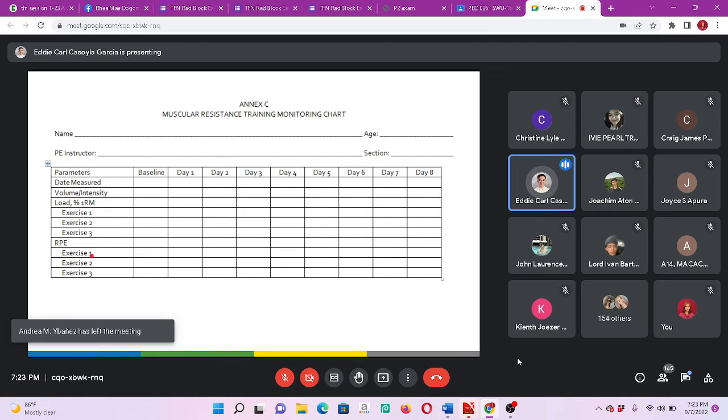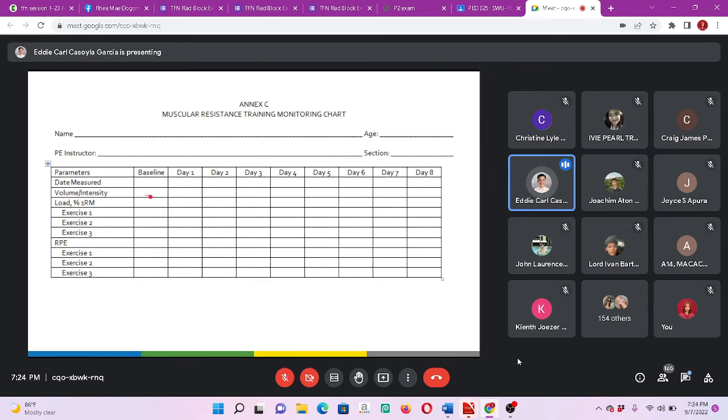And then for the RPE, you need to write the modified RPE for your exercise. So for exercise 1, RPE, moderate. For light intensity, it's only number 1 or 2. Then for moderate, number 3 only.